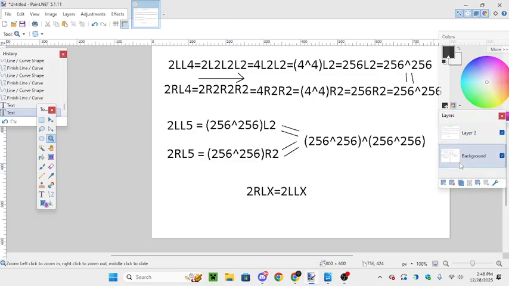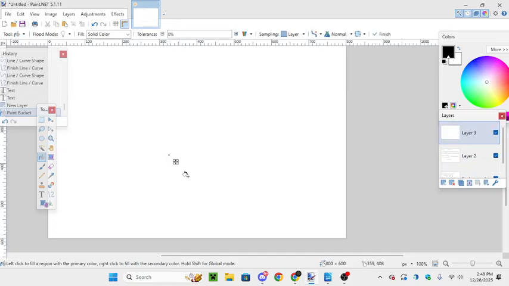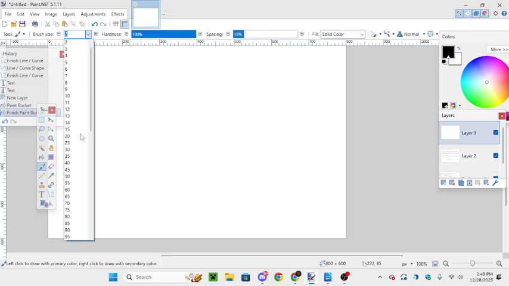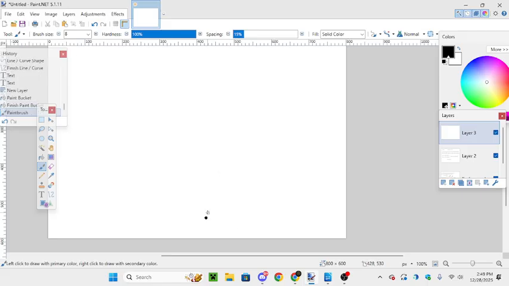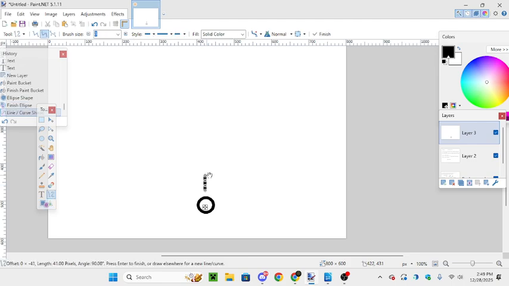But it doesn't just stop here, because this actually extends to higher hyperoperations. And I'm just going to represent the hyperoperations as dots here. Basically, these are just circles and lines.